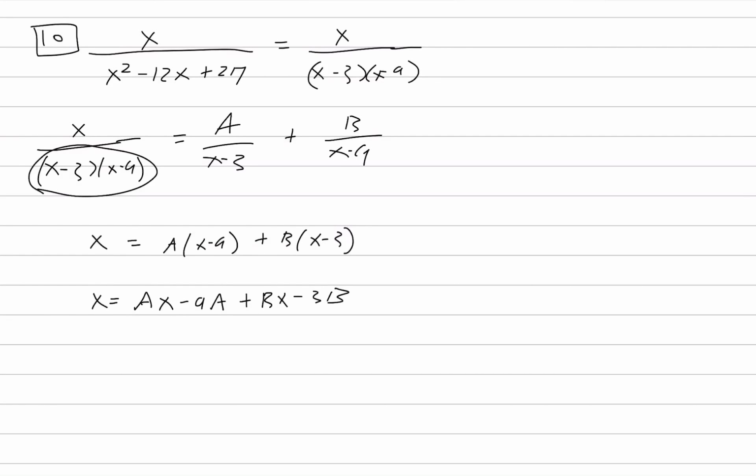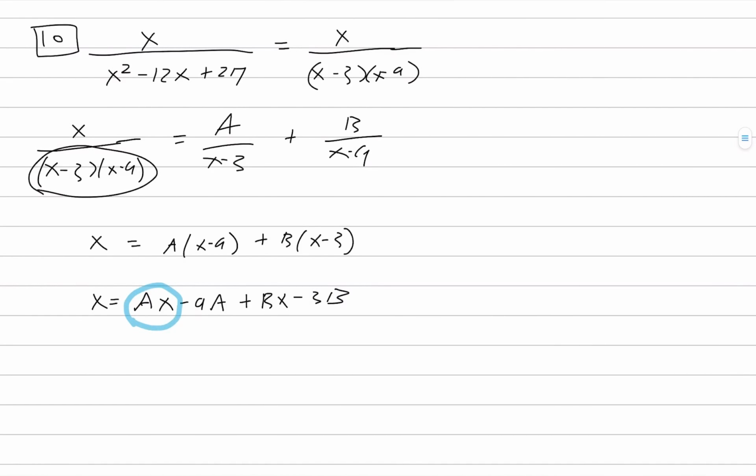So here it tells us that ax plus bx should give me 1x, so a plus b must equal 1. On the other hand, negative 9a minus 3b should give us 0 since there's no constant term on this side. So negative 9a minus 3b equals 0.